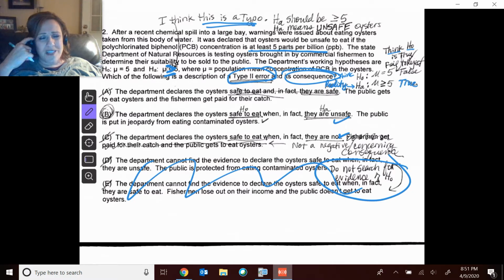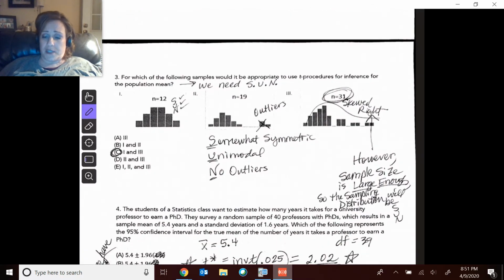In this regard, we're really thinking, what's a problem that is arising because of this error we are making? A bad thing isn't that the fishermen get to sell their catch and the public gets to eat them. Well, I mean, it kind of is. It's that the public is put in jeopardy because they're eating those oysters. So B was the better answer of those two consequences.